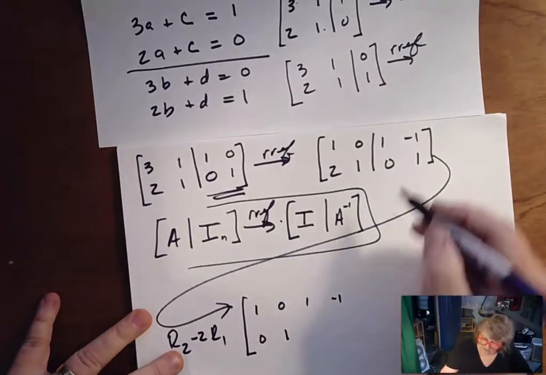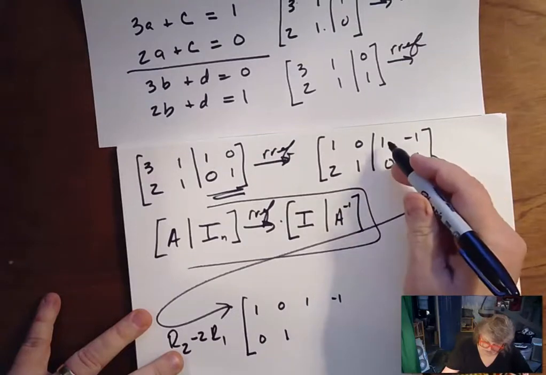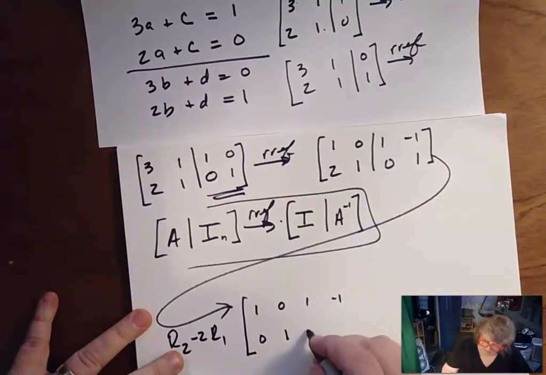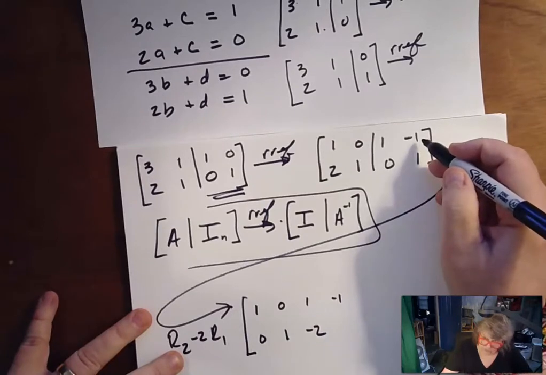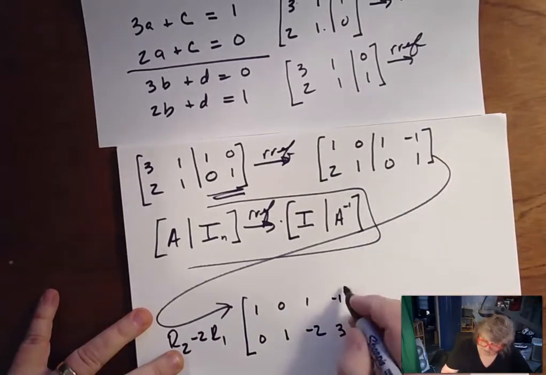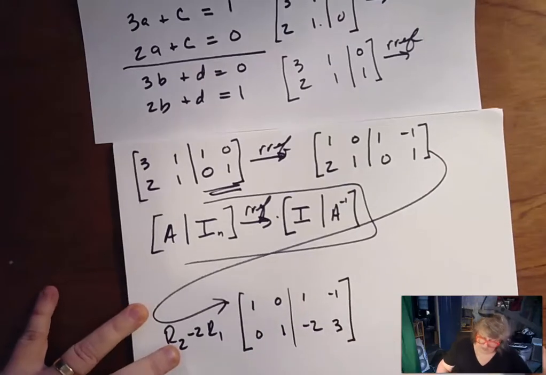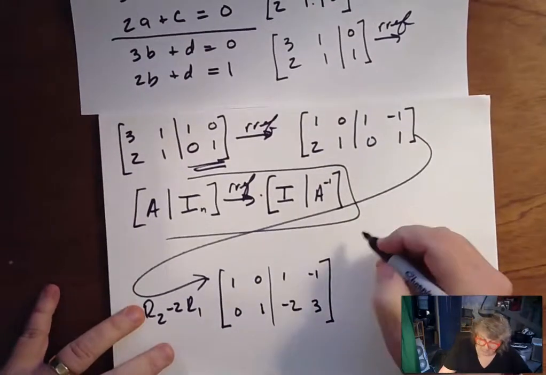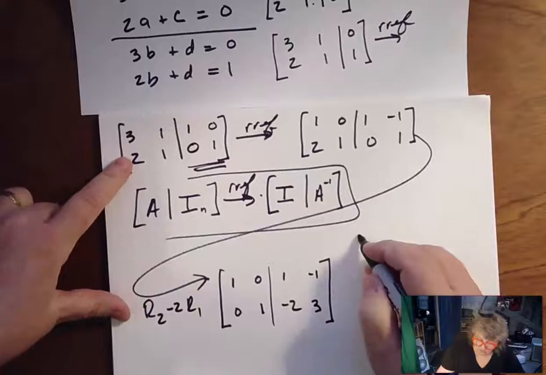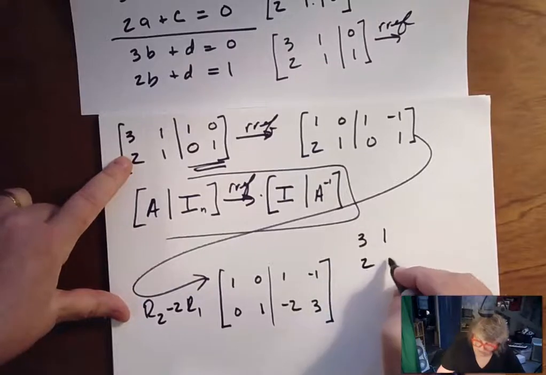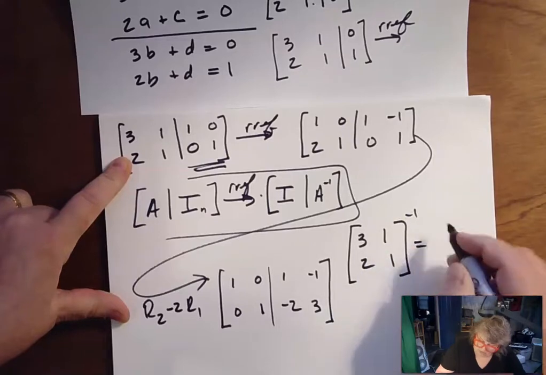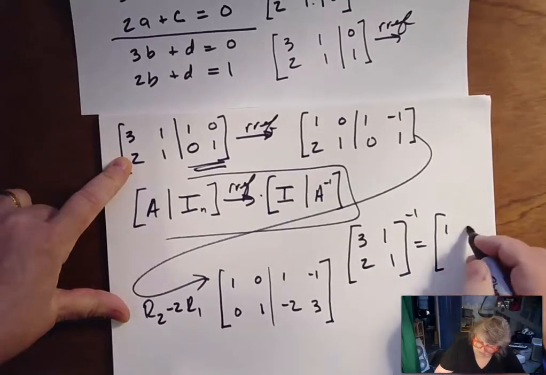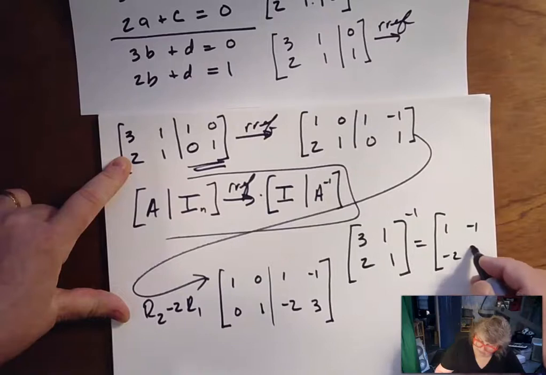Oh, that's kind of nice. 0 minus 2 is negative 2. 1 minus negative 2 is a 3. Hopefully I did that right. So my A inverse in this case, or the inverse of 3, 1, 2, 1, is 1, negative 1, negative 2, 3.